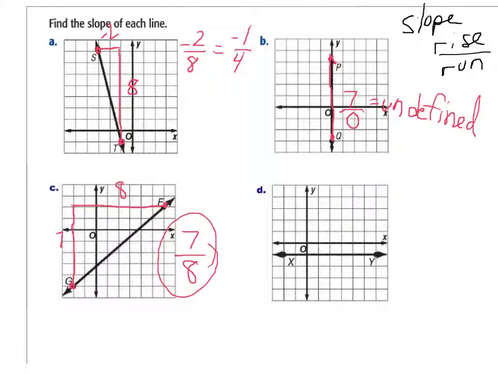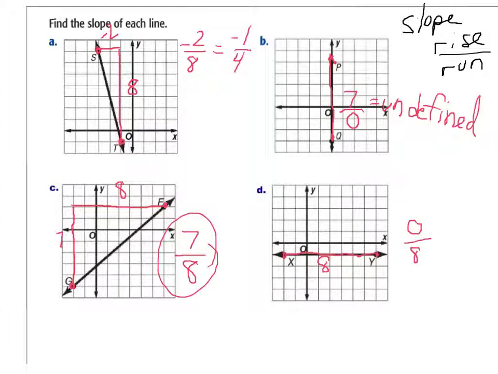In question D here, we have line XY, and there is no rise. So if I want to travel from X to Y following the grid lines, I rise 0, and then I have a run of 1, 2, 3, 4, 5, 6, 7, 8 in the positive direction.